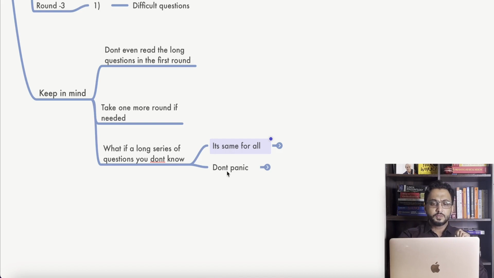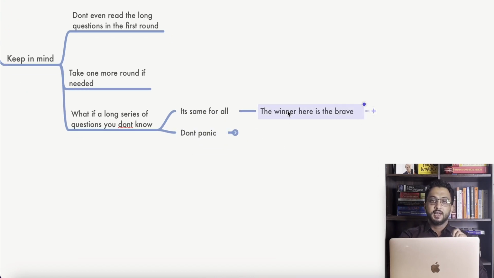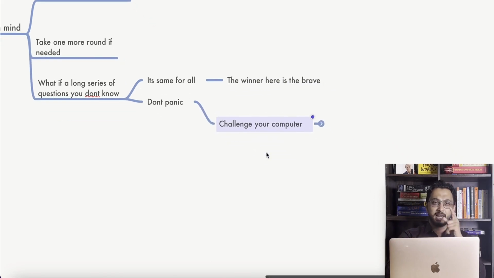So don't panic. The person who panics is going to bring down his efficiency, and the one who just manages his stress at that moment is going to be the winner. So don't panic.